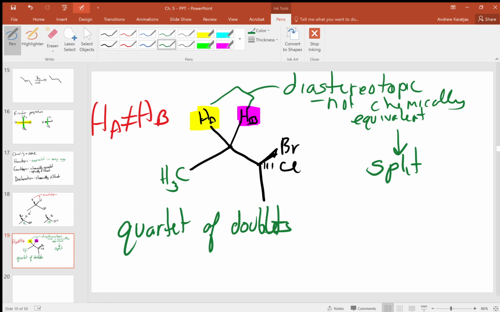And so as you get into chiral molecules, this idea of chirality as well as diastereotopic can really have some important impacts on splitting patterns. But again, I just want to make sure we make it clear that it's only in the case of diastereotopic. Enantiotopic and homotopic have no effect at all on the splitting patterns.